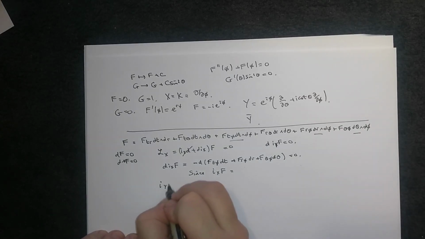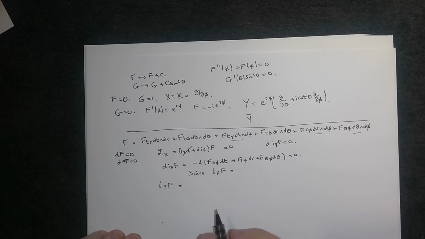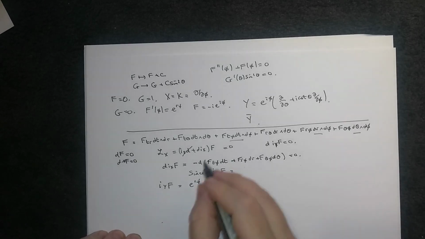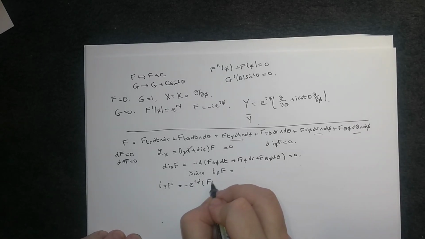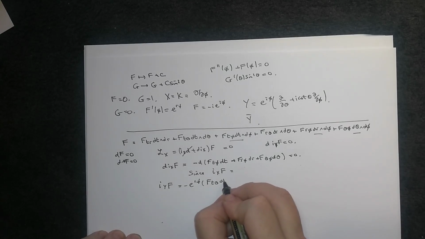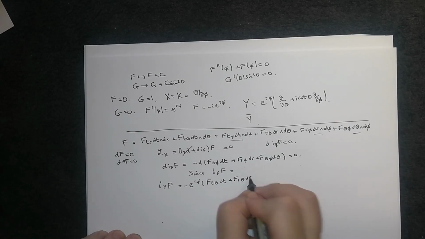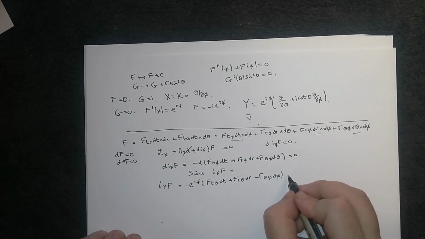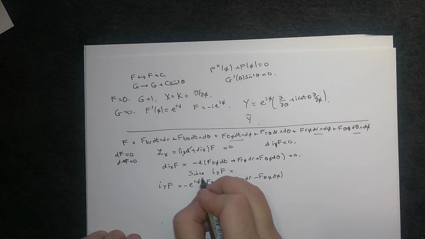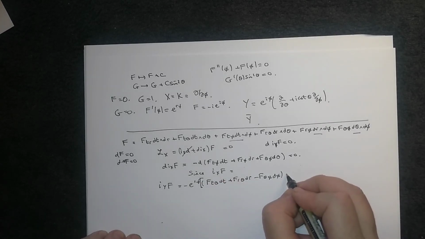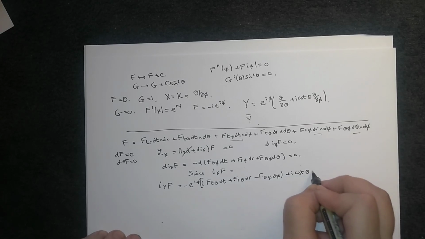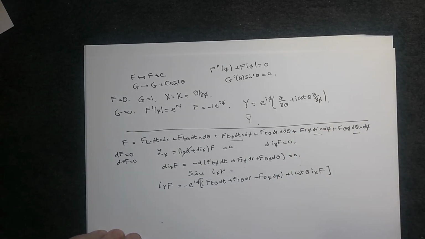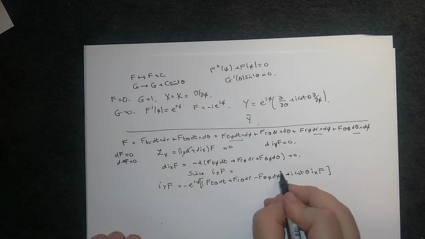Now, i_y F is going to be e to the iφ, minus sine F_tθ dt plus F_rθ dr minus F_θφ dφ plus i cot θ i_x F, coming from that term there, in brackets.